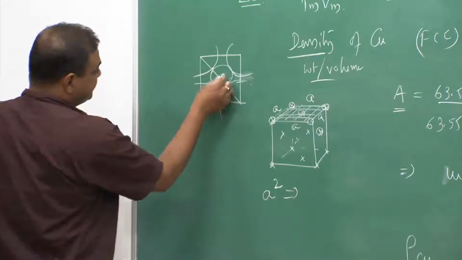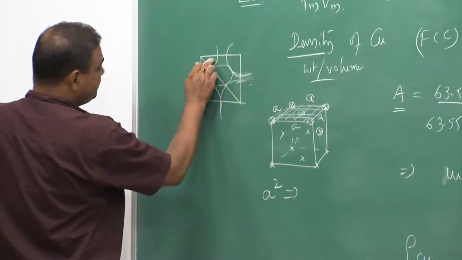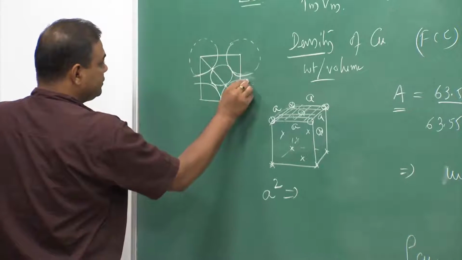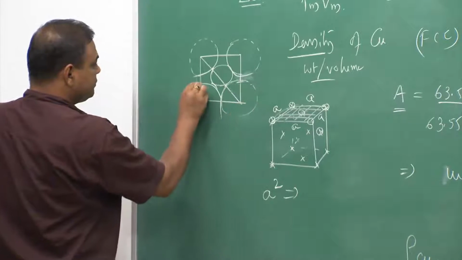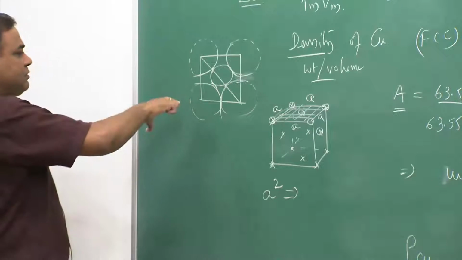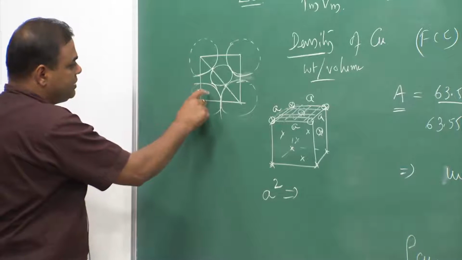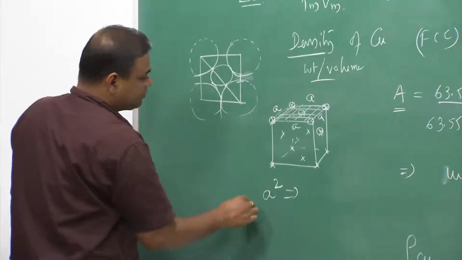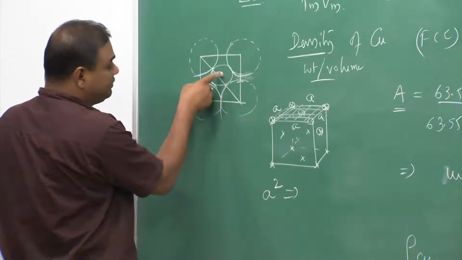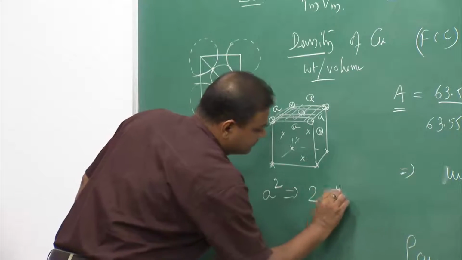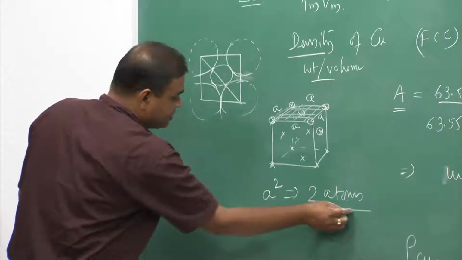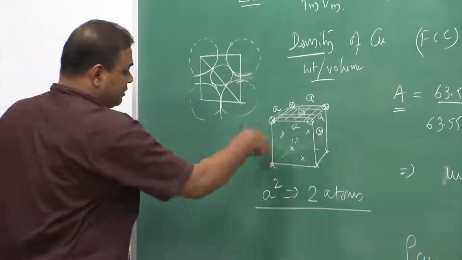Now, in this case, if we see the projection, 1/4 of this particular circle, if we project a sphere on a plane, it will become a circle. So, the projection becomes 1/4. So, on a square you will find, and this becomes 1, so 2 atoms. So, 2 atoms per a square area.